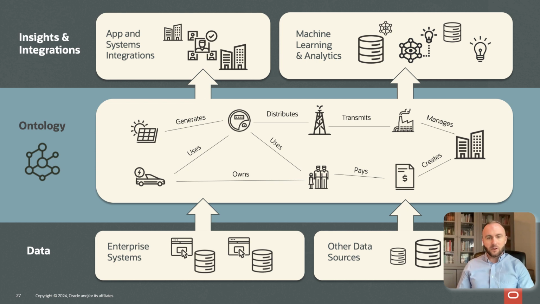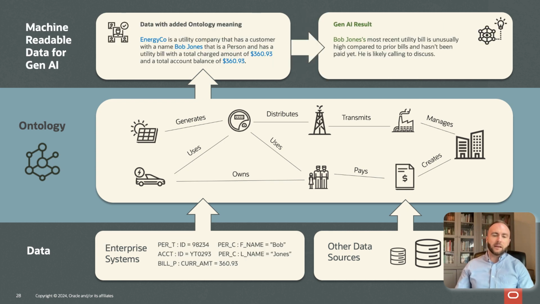And as a result, you can see data in the bottom left from these enterprise systems, very code-based, very transactional-based. We're actually able to produce great language output, which I'll show more of in a minute, that is great for feeding generative AI, but also great for just bringing that meaning together across systems.